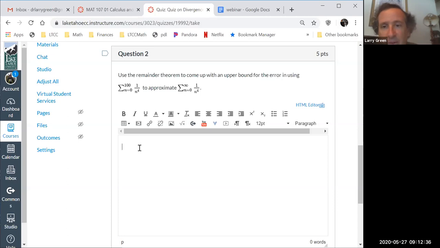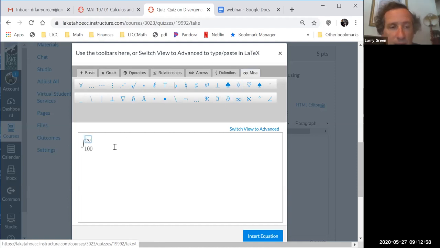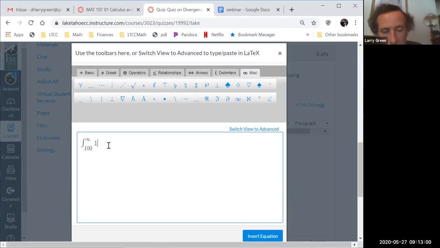What we're going to do is integrate from 100 to infinity of 1 over n to the 4th, or 1 over x to the 4th. So let's do that. We're going to integrate from 100 to infinity of 1 over x to the 4th dx.